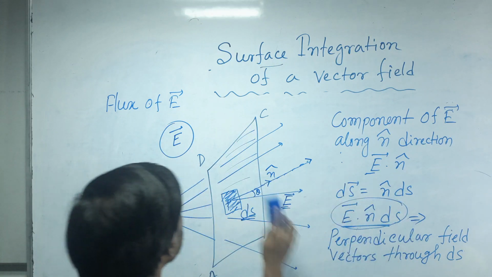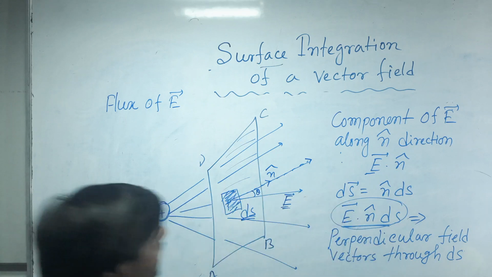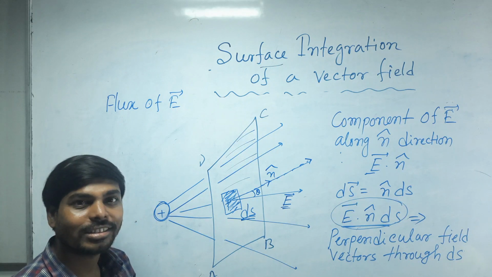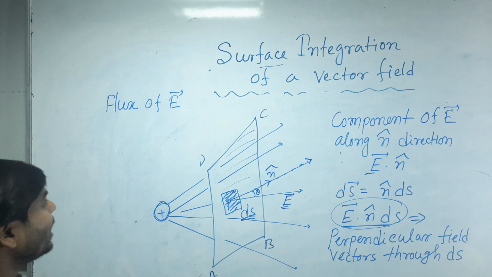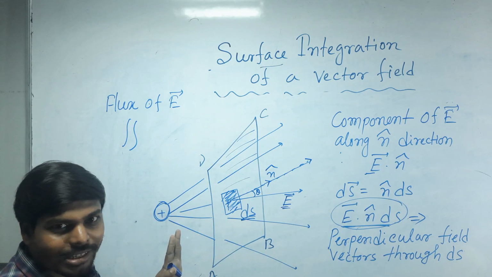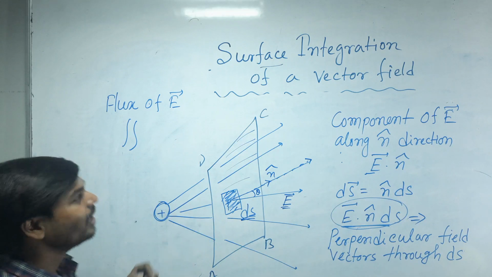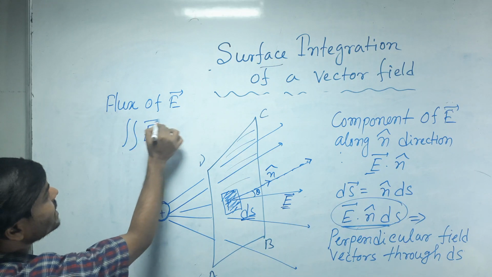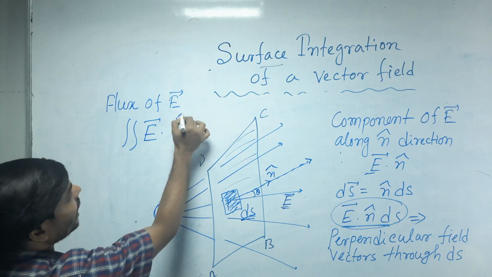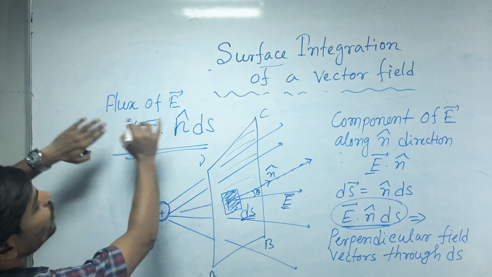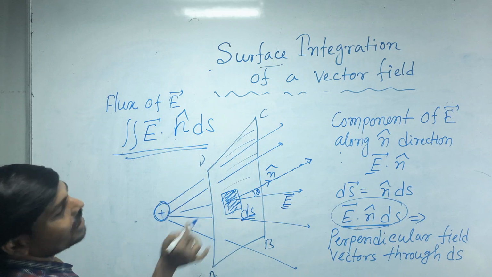We have to integrate this, and this integration is not a scalar integration, it is a vector integration, and it is not a single but a double integration, because the surface area is basically two dimensional, there must be x and y. So for that we take two integral signs. This is E vector dot n cap ds. It is nothing but the total flux through the surface ABCD.